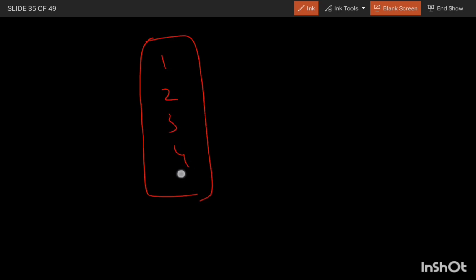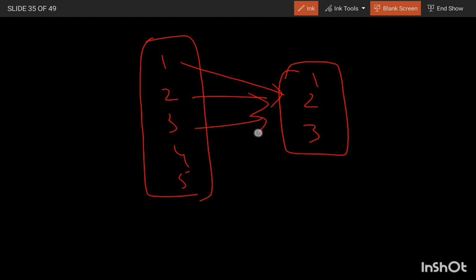So let's see an example. This is a domain and this is a codomain. Every element is mapped to the same single element. Then that is a constant function.